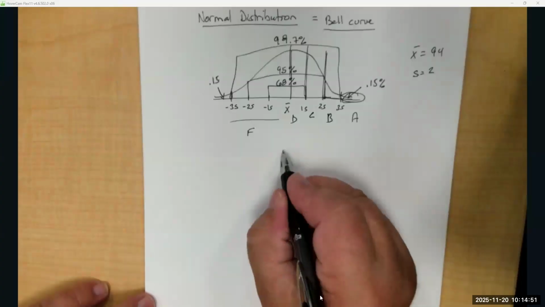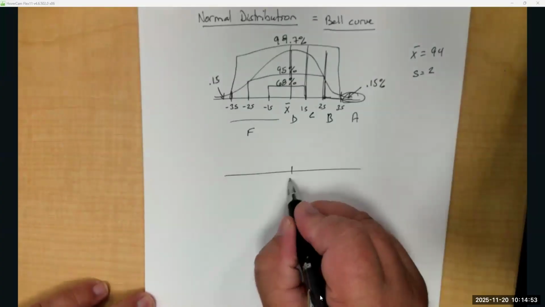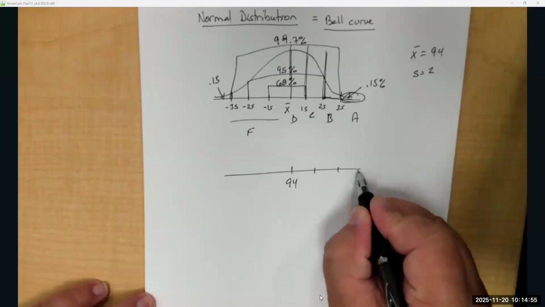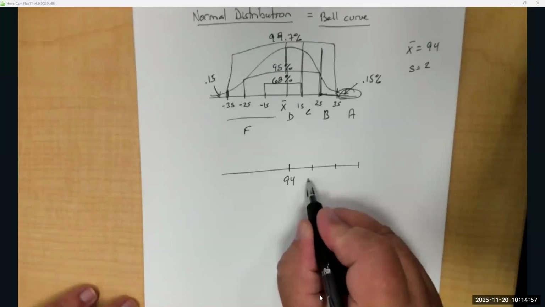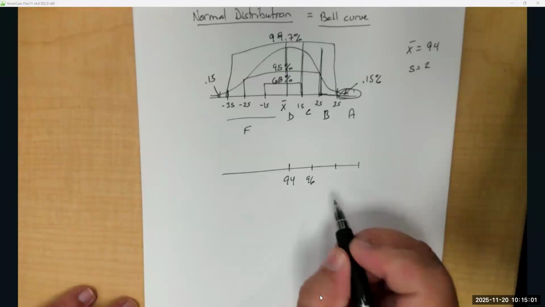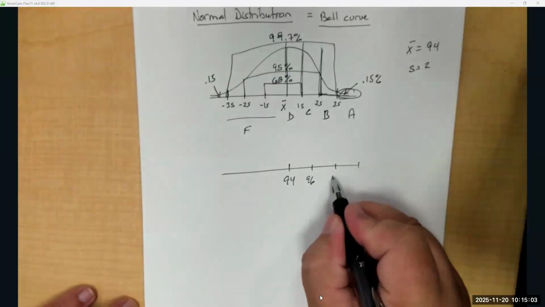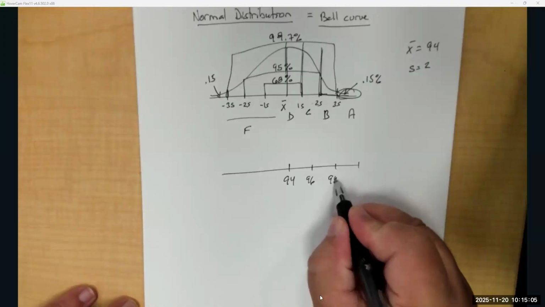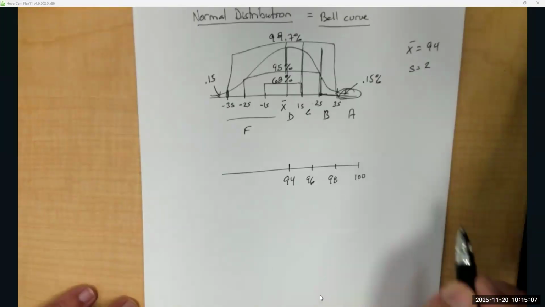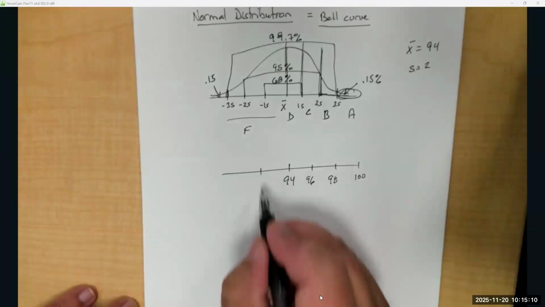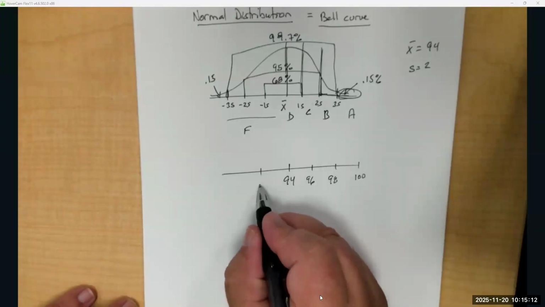So if we had an average of 94, what would one standard deviation be? Right? You add 2 to it. This one would be, and this one would be 100. Going the other direction would be.